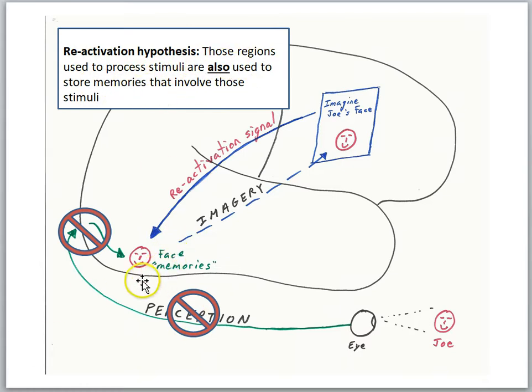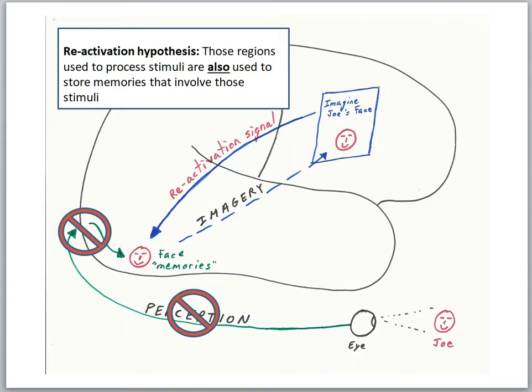And we might also note here, recall from the fMRI data, that the activation of the face area was reduced compared to perception. So there's activity in the face area when we imagine a face, but it's not as much as when we perceive a face. And that may simply be due to the fact that when we're imagining, we're not activating that visual pathway. So the face area is not getting that normal kind of perceptual activity from the visual pathway during perception.